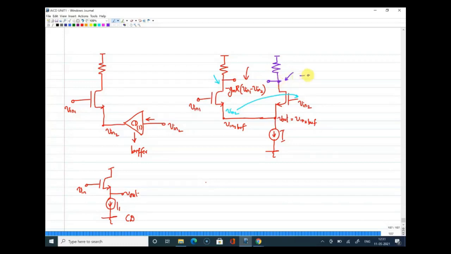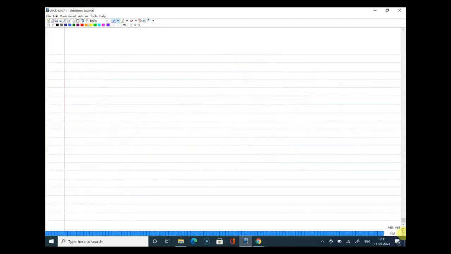This will be simply minus gm R into V in 2 minus V in 1, which is buffered. Because if I look at this point, V in 2 is directly to the gate of this transistor, but V in 1 is coming from the previous transistor through the source. So for this transistor, the signal is coming in from here, so this is acting as a common drain.